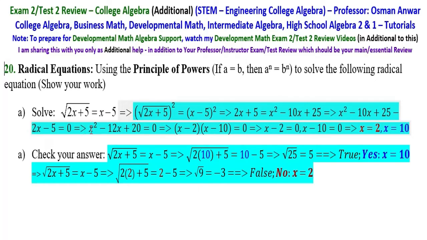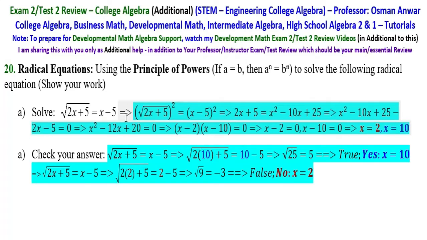So this is x squared minus 12x plus 20 equals 0. This can be factored as x minus 2 times x minus 10 equals 0. That is x minus 2 equals 0, or x minus 10 equals 0. That is x equals 2 and x equals 10.